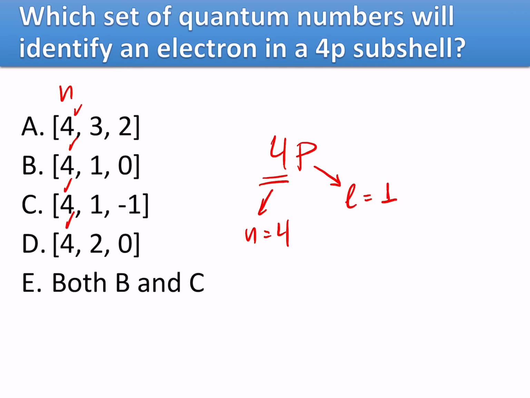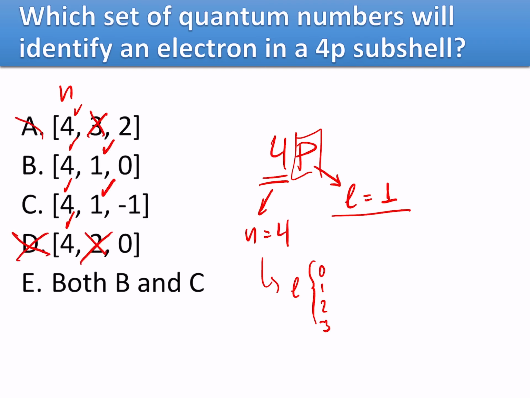Remember, if you have n equal 4, then L can be 0, 1, 2, and 3. However, if we are already giving a name to that orbital, we are already fixing what the value of L is, and for P, the value is 1. So this is not 1, this checks, this is not 1. So we forget about D and A right away because they will not represent an electron in a 4p subshell.